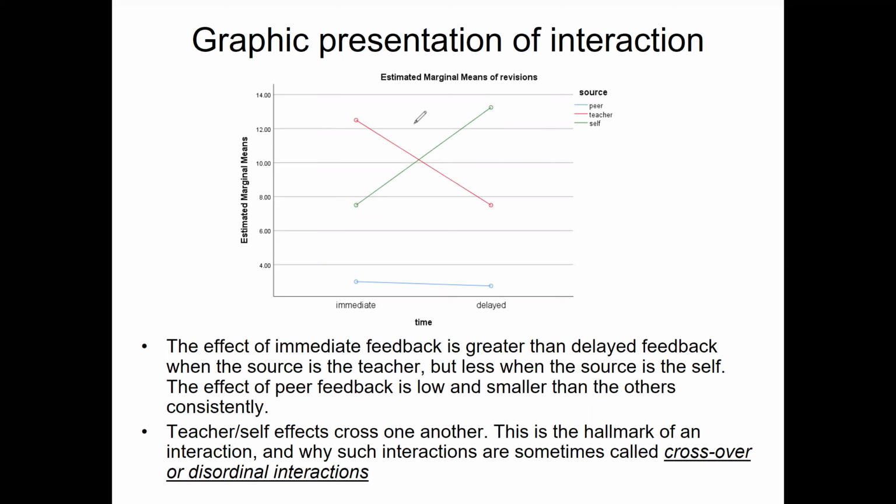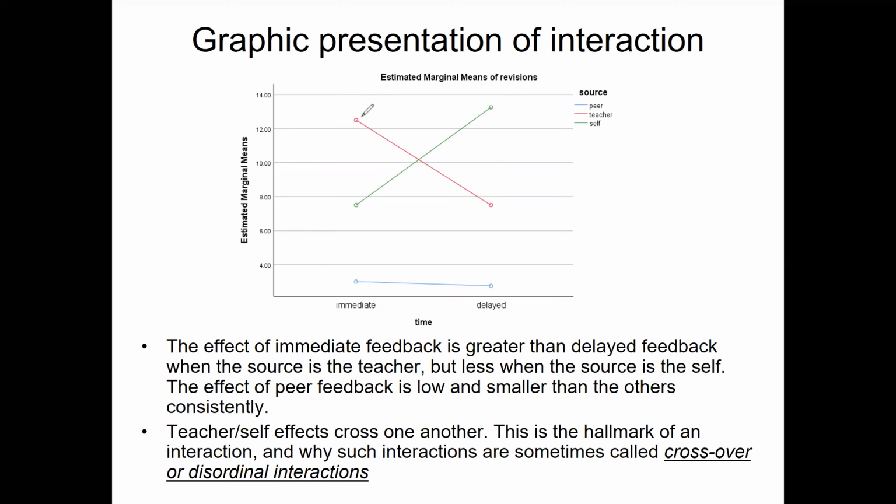On the other hand, and that is what's important, when teachers give immediate feedback, the writing performance score is relatively high compared to other conditions. However, when their feedback is delayed, that effect is no longer found. In fact, by comparison it's the self who is associated with a higher writing performance.